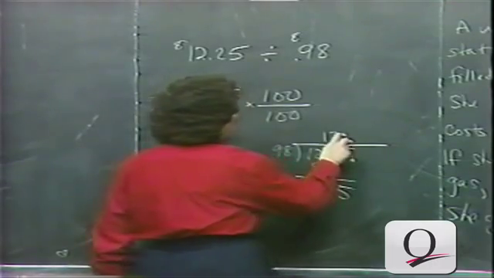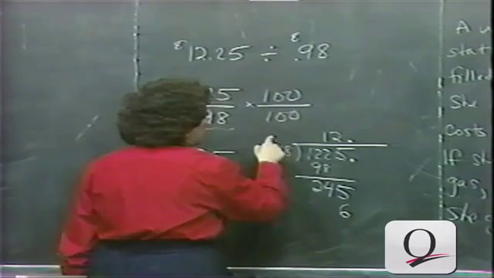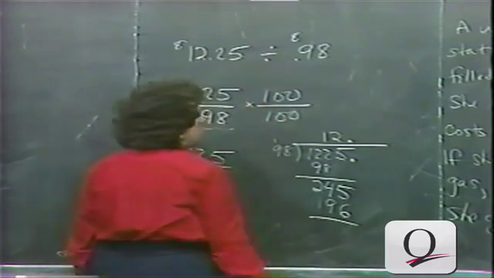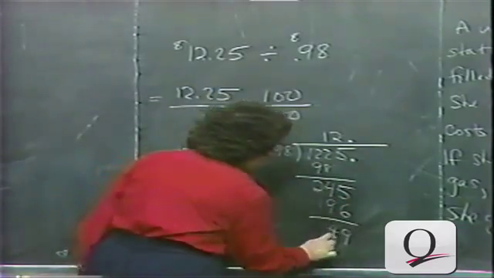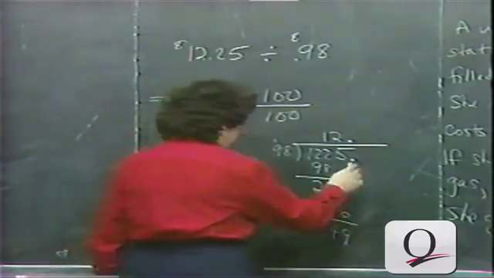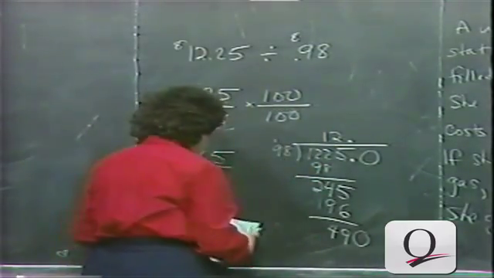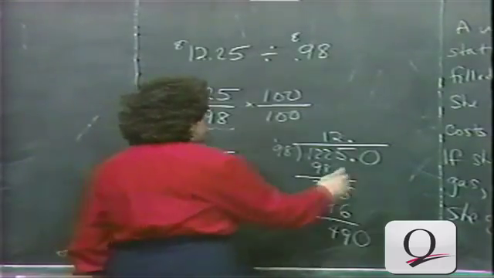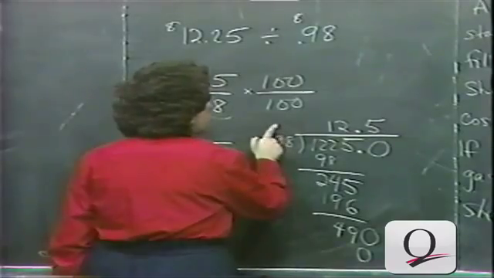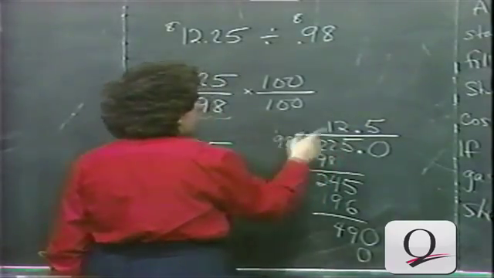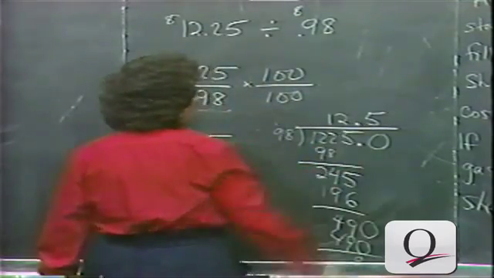That's twice. 2 times 98, 2 times 8 is 16. 2 times 9, 18, and what's 19? Subtract. 15 take away 6, that's 9. 13 take away 9, that's 4. Now, bring down the 0. How many times does 98 go into 490? Trying 5. 5 times 8 is 40. 9 times 5, 45, and 4 is 49. So it goes evenly at 12.5.